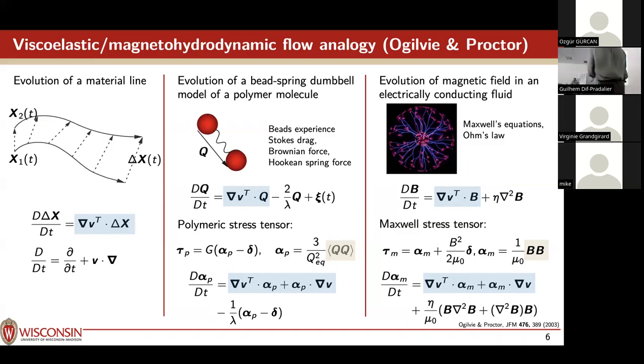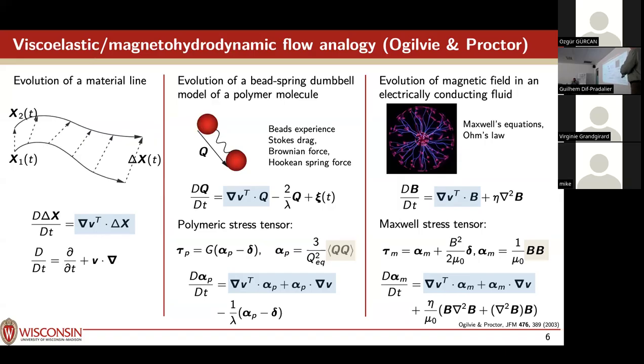Okay. And so the evolution equation for this dyad here, these two terms come from the material line stretching here. This term here is a relaxation term that comes from the spring. Okay. In the magnetic field in an electrically conducting fluid, the magnetic field vector B, this is the evolution of B along a particle path.